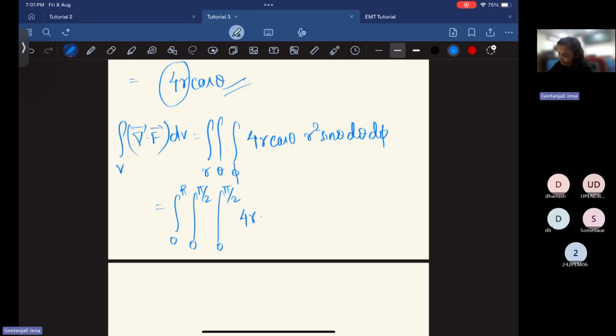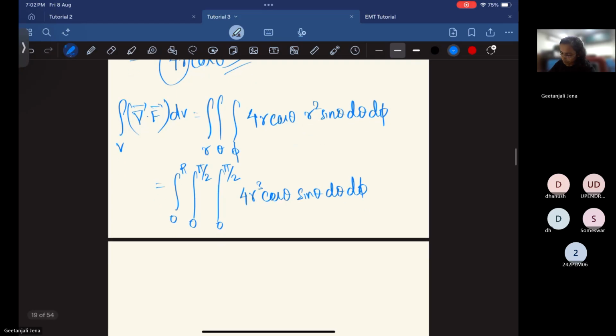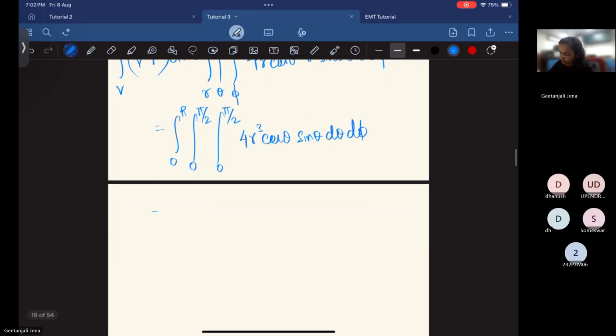So we have r cubed cos theta sin theta d theta d phi. So r cubed will give R to the 4 by 4, and the phi integration from 0 to pi by 2 will give pi by 2.